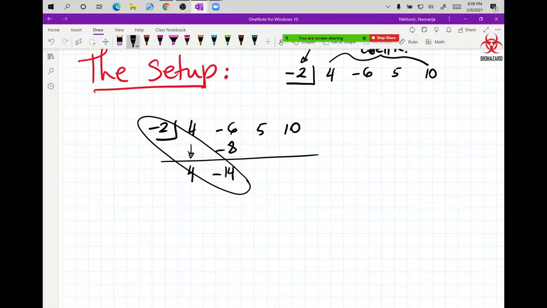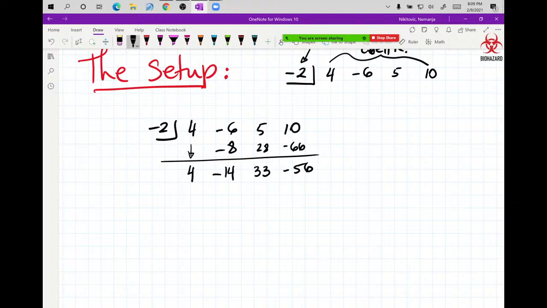You multiply the answer with the root and write it here. That's positive 28. And add. And you multiply your answer again and add.